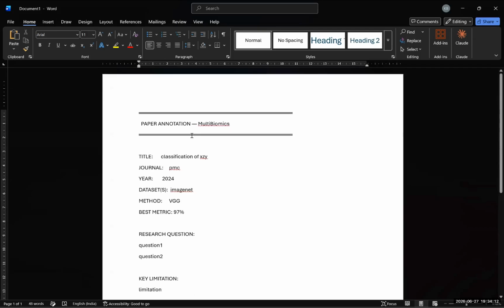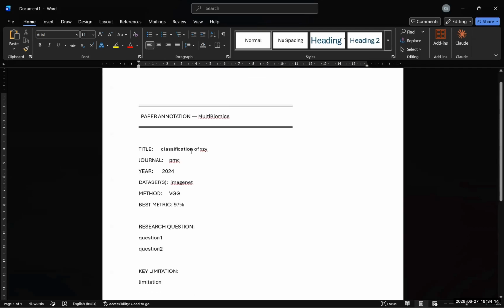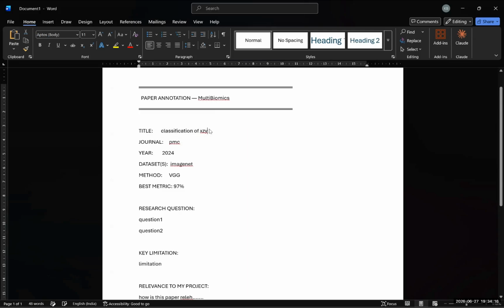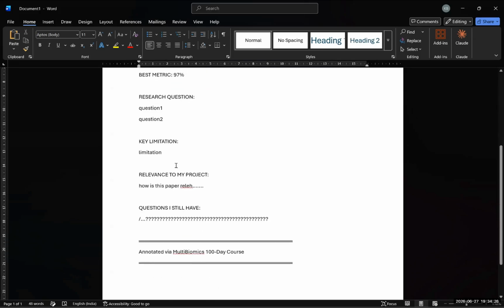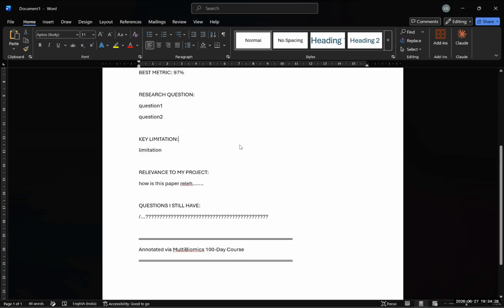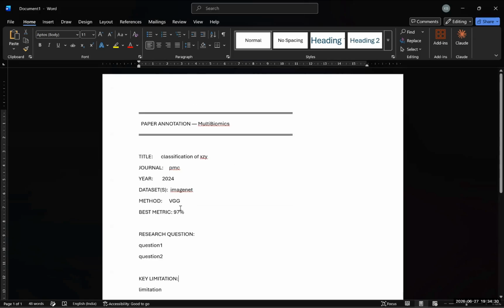You see, for that particular paper annotation, the title of the paper you are getting over here, which journal, which year, what data sets they have used, and this is for this project only, right? And research question, what are the key limitations, it will be over here. So next time when you want to refer to the paper again, don't open that paper and read everything.